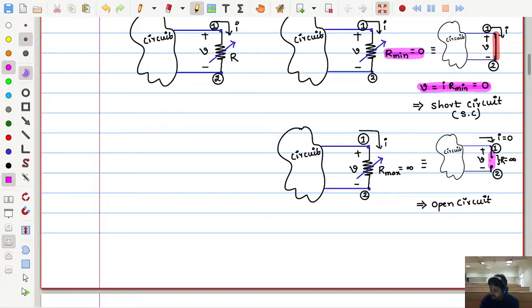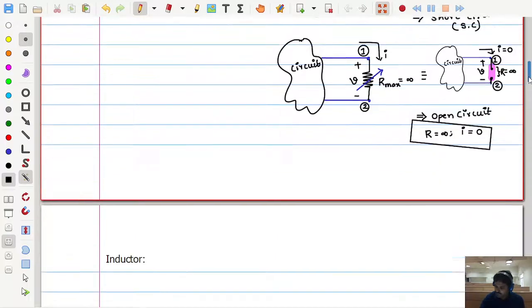There was a breaking of conductor, so current does not pass through it. So for open circuit, resistance is infinite, thereby current is zero. These are the important characteristics of the open circuit. Clear? So with this, now let us move on to some more additional information on this resistor.